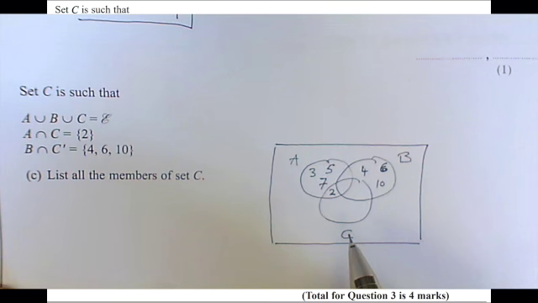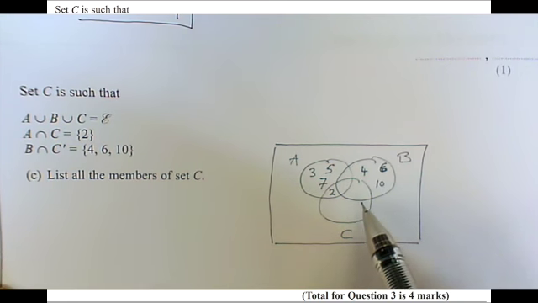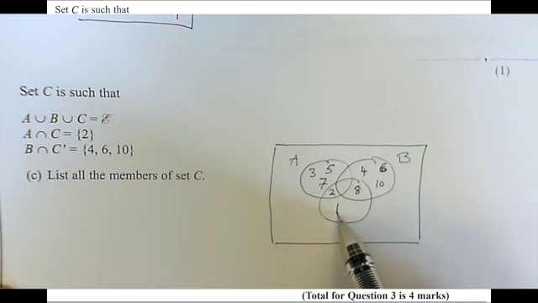Now, this A, B and C is supposed to contain all the numbers 1 to 10. And so we're going to have to stick in 1 and 9. And you can see that B is missing a number. Yes, that's better. Okay, so now B's done, A's done, and C has to contain all the rest. And we've worked out in part B that that's 1 and 9.